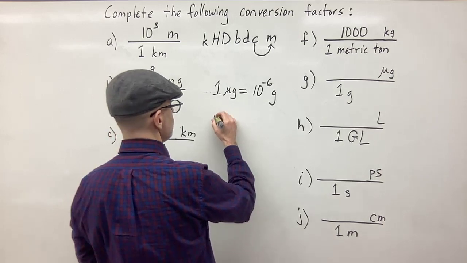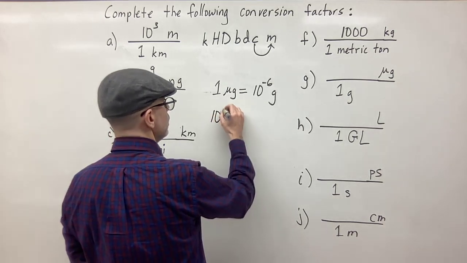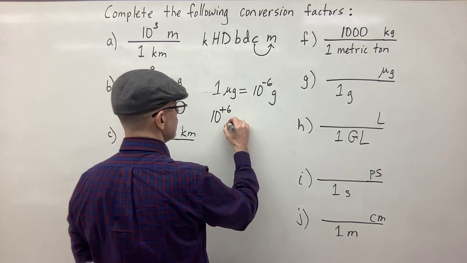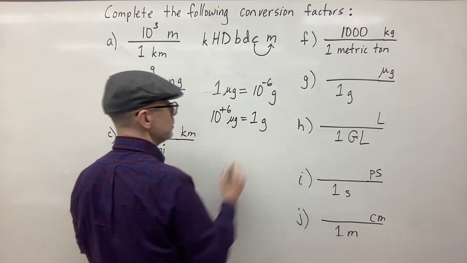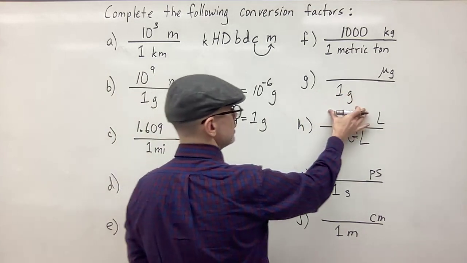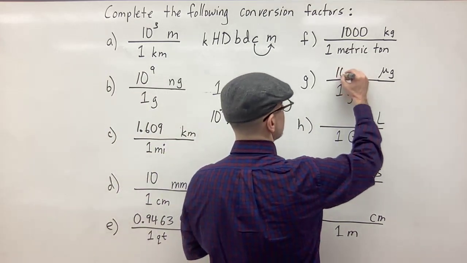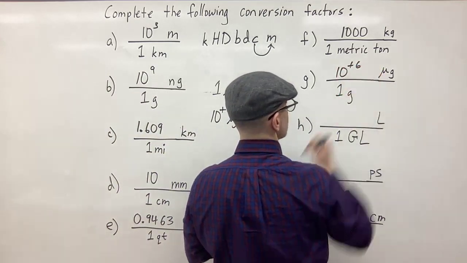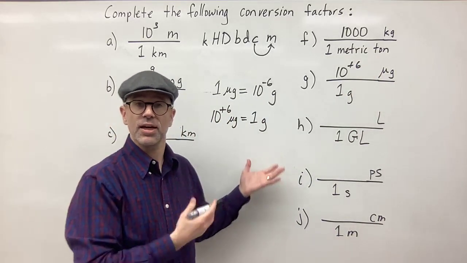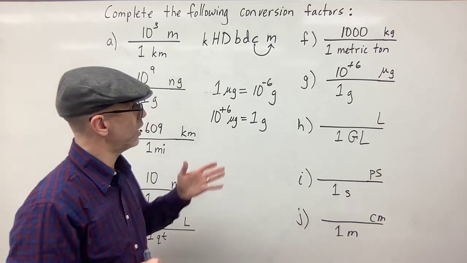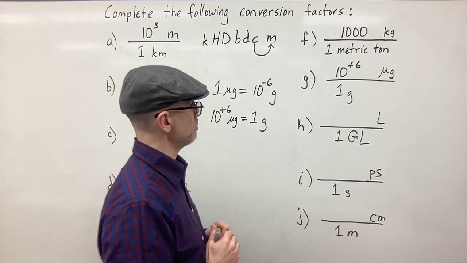So then it becomes 10 to the positive 6 micrograms is equal to 1 gram. So I'm going to put 10 to the positive 6 up there. And so that is the completed conversion factor with grams and micrograms.